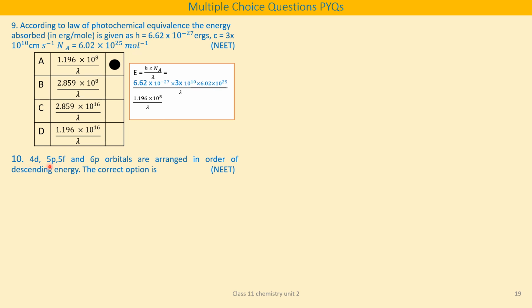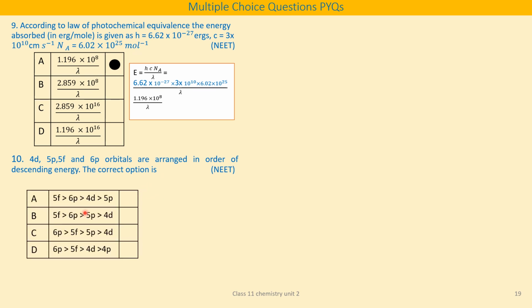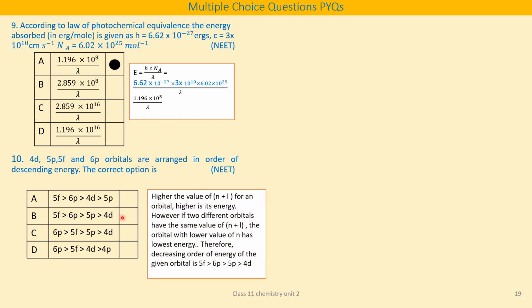Next question. 4d, 5p, 5f, 6p orbitals are arranged in the order of descending energy. The correct option is, this is also a NEET question. So four options are given. So you please read these four options and remember the answer. That is the logic. Higher value of n plus l for an orbital, higher is its energy.